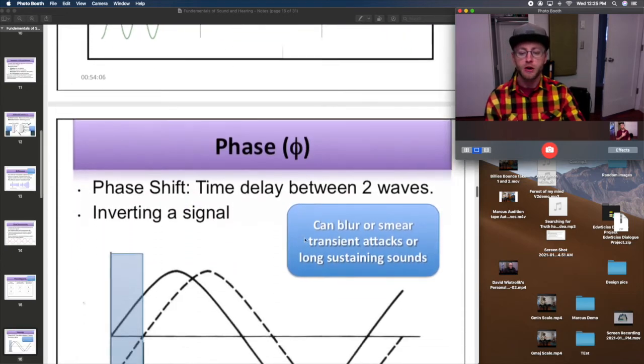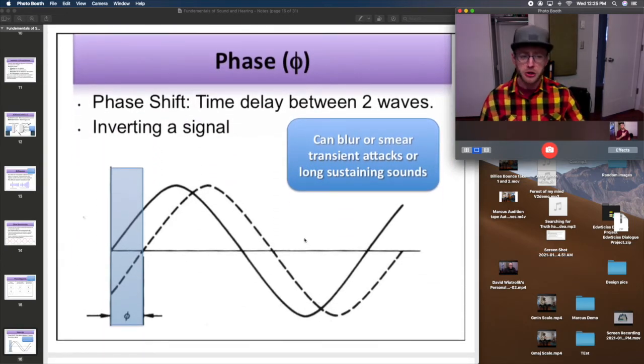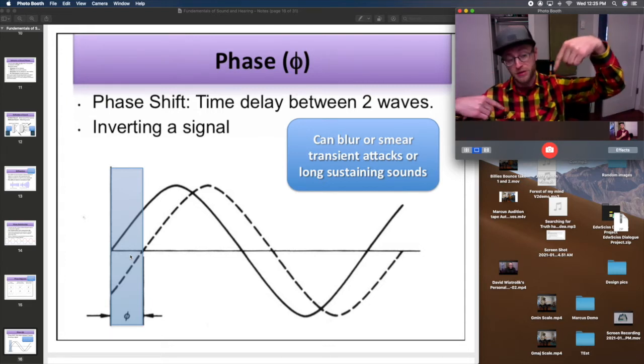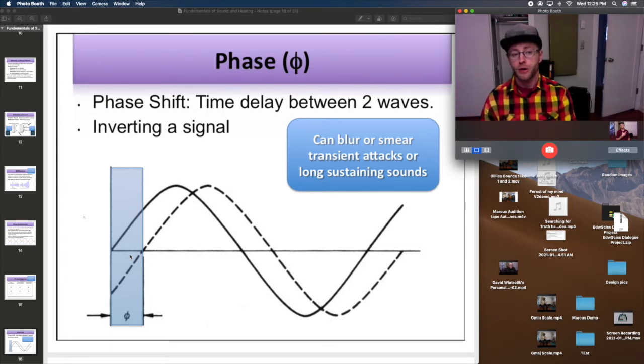So in the situation of a guitar with two microphones on it, these things might be slightly off of phase, slightly phase shifted. So with two waves, one might be just a little bit sooner than the other. This happens a lot of times with two microphones on one source, and the distance between those microphones might be slightly off, and that creates phasing.